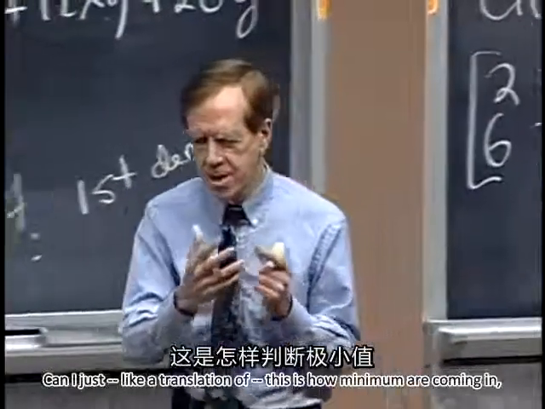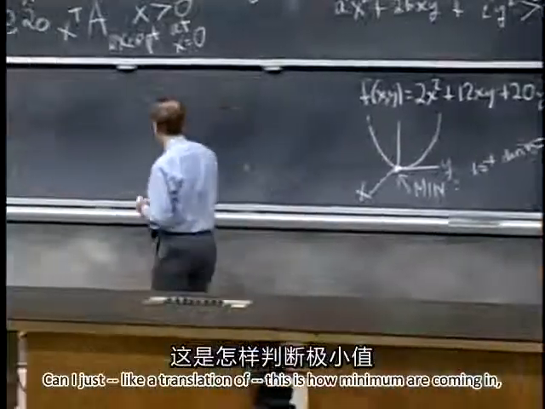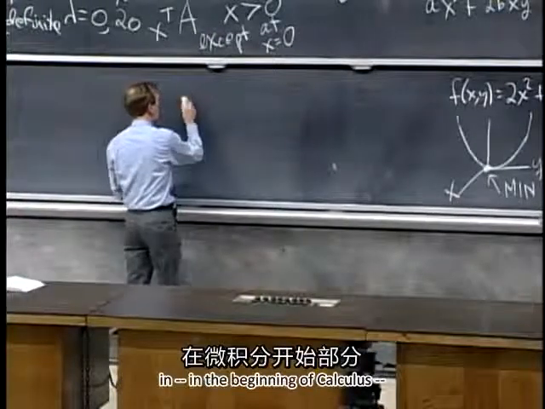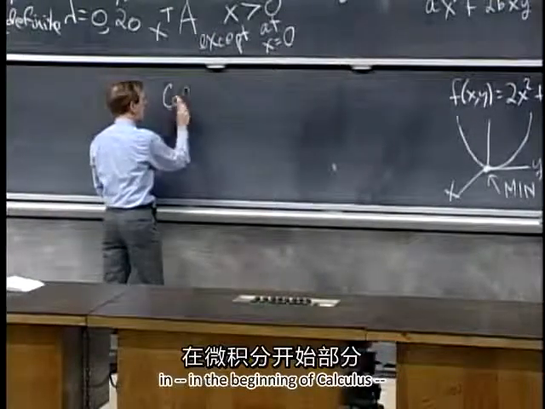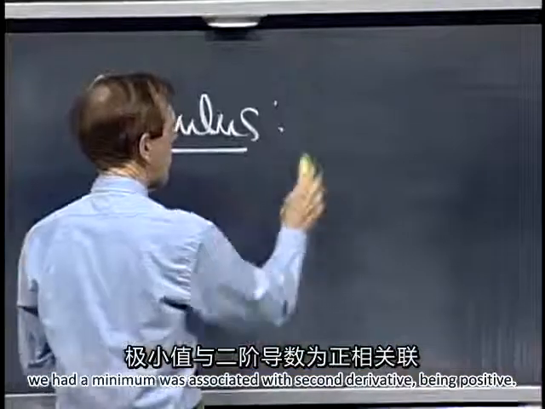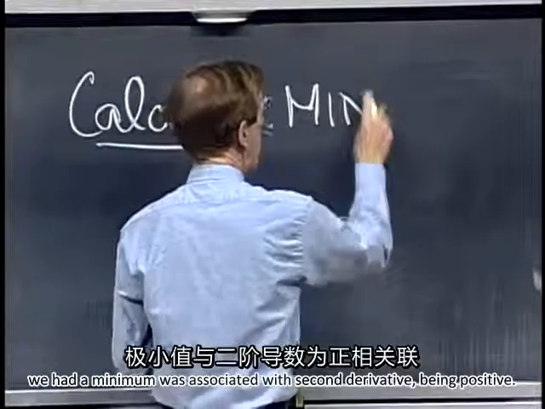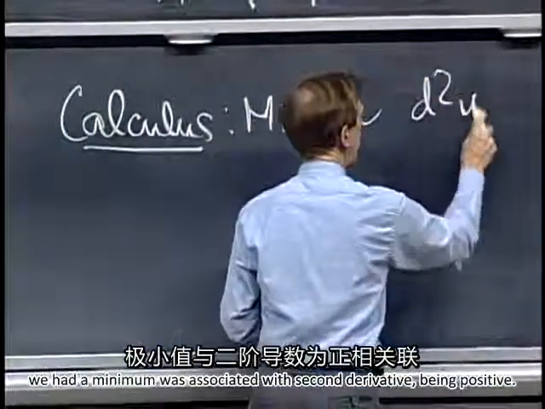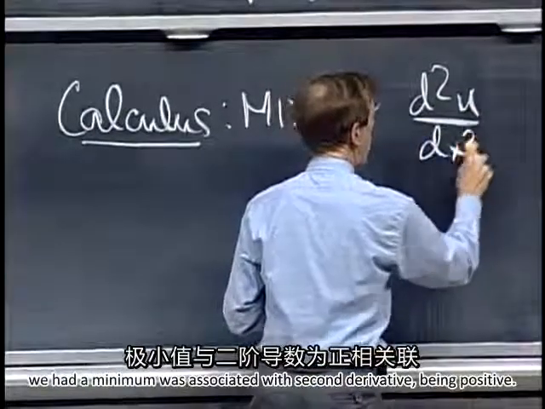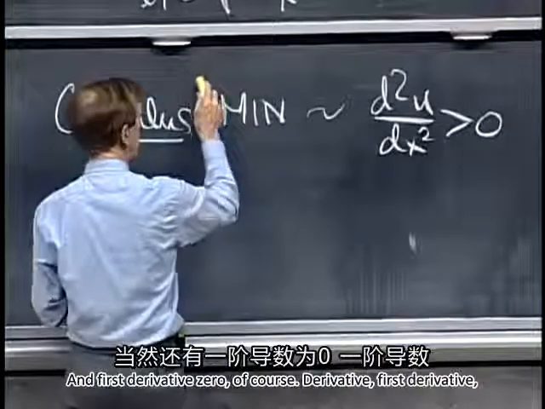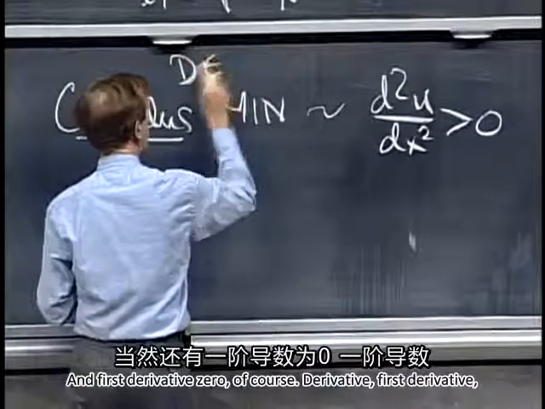This is the translation of how minimum is coming in. In the beginning of calculus, a minimum was associated with the second derivative being positive, and the first derivative 0, of course.